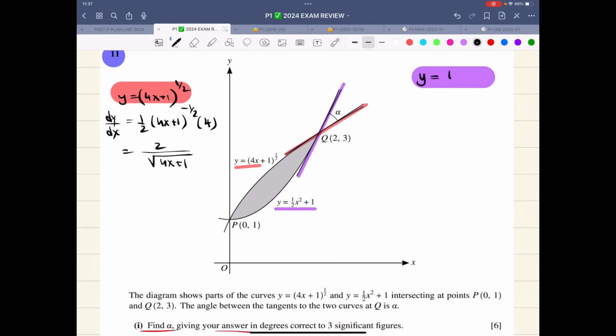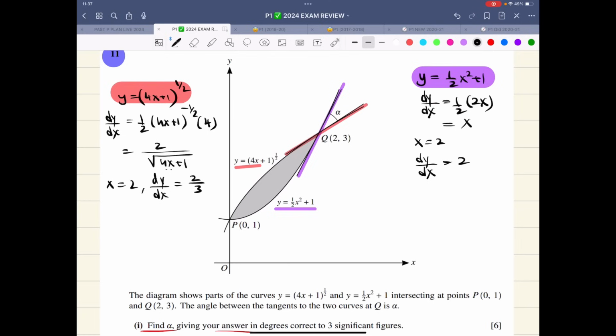For y equals half x squared plus 1, dy by dx is half into 2x, which is x. When x is 2, 4 twos are 8, 8 plus 1 is 9, square root of 9 is 3, so this is 2/3. For the other line, when x is 2, dy by dx is x, which is 2.